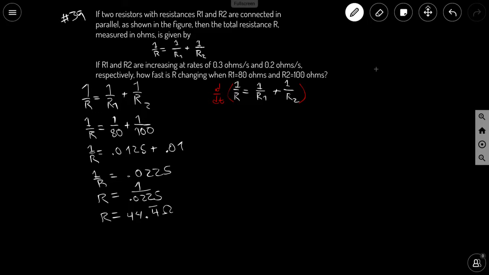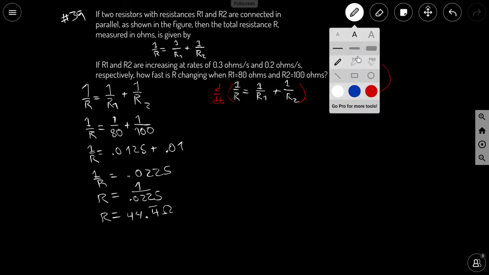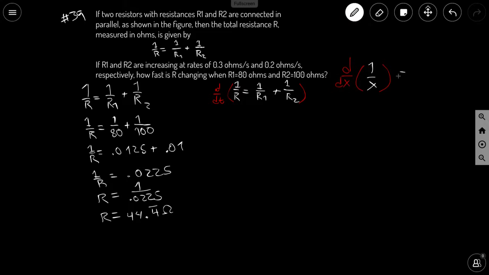And I want to first show an example of what the derivative of 1 over x is going to be. So if you don't know your rules, I'll just tell you this is going to be negative 1 over x squared. The reason being is that 1 over x is equivalent to 1 over x to the power of negative 1.